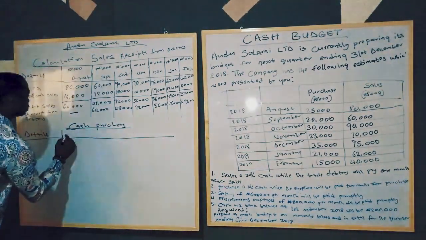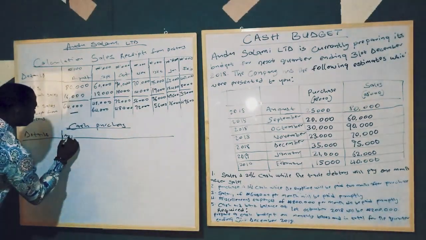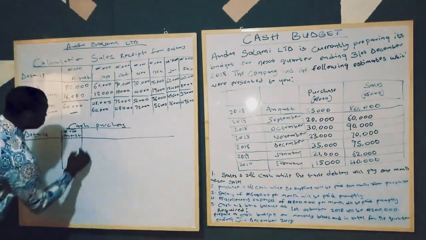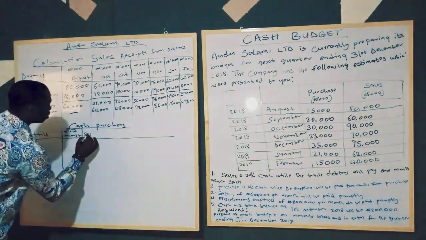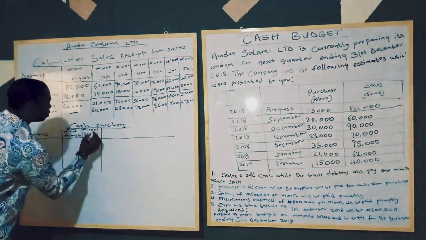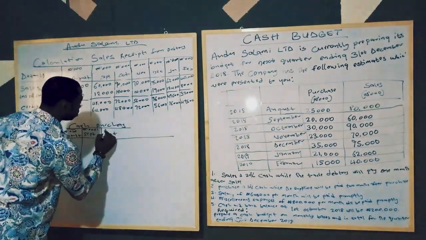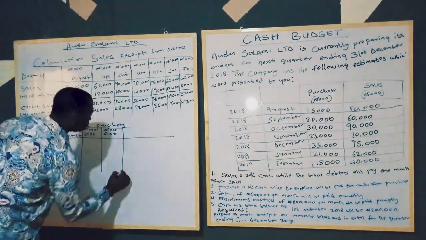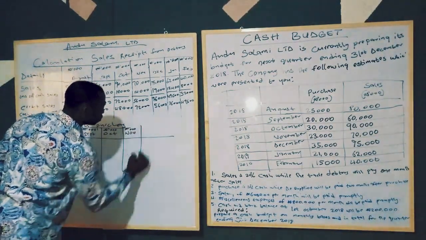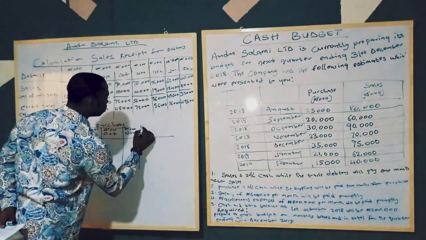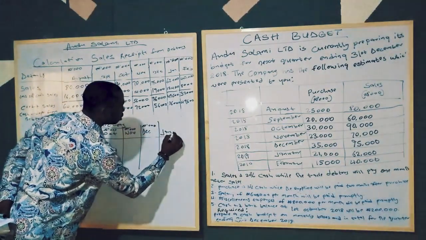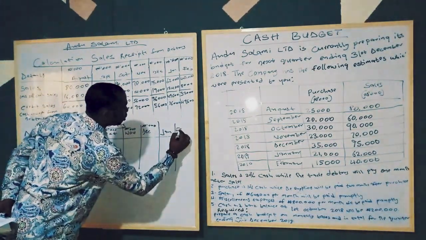Then we have August, September, October, November, December, January, and February.